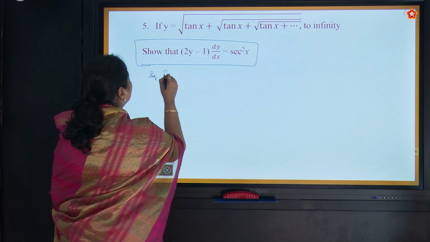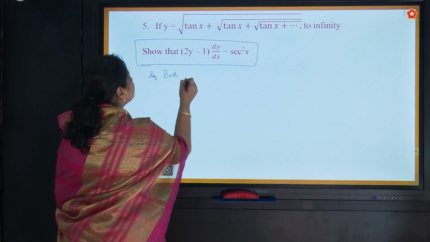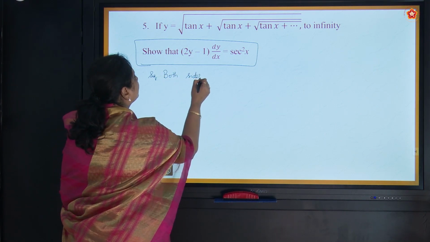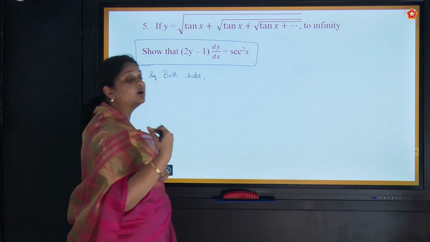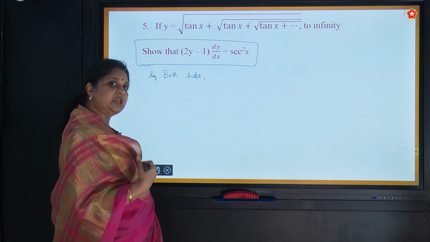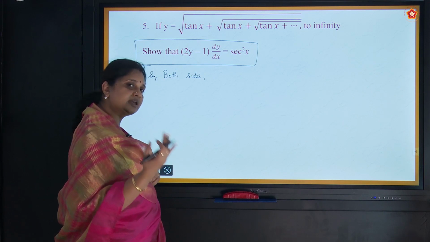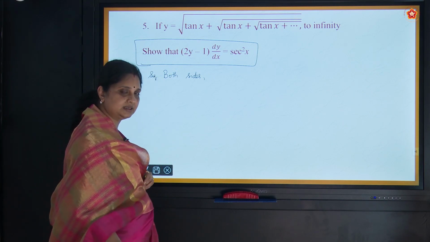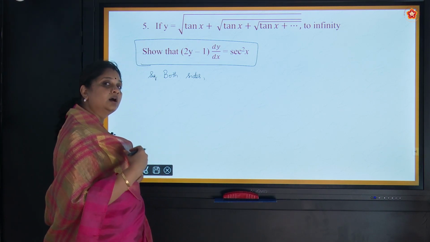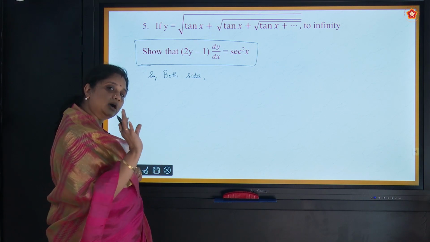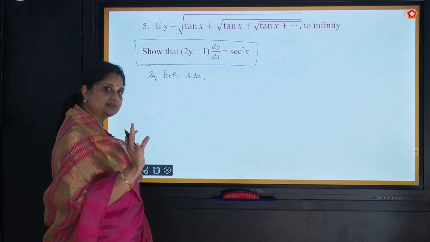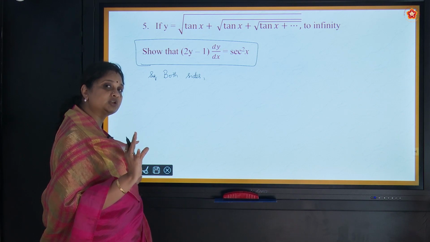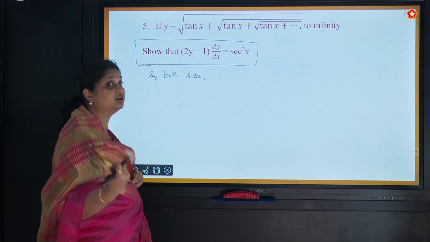Squaring both sides. As I told you, I'm going to rewrite y according to my convenience and then go about differentiating. So we've seen that first we differentiate and then we simplify and express it in a way. And then secondly, we make changes and express y, the given function, in a convenient way and then go about differentiating.